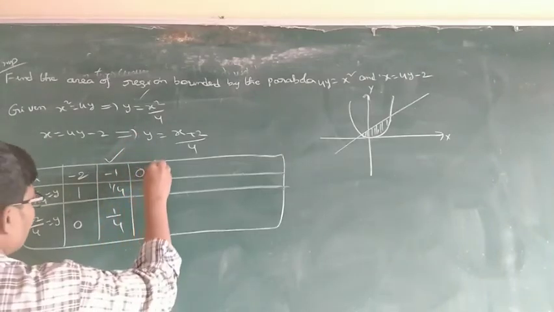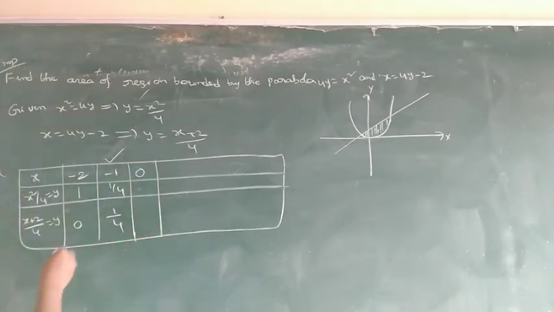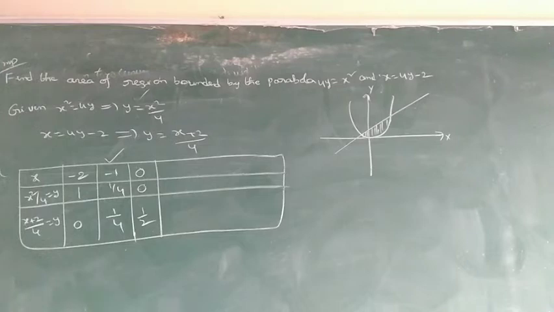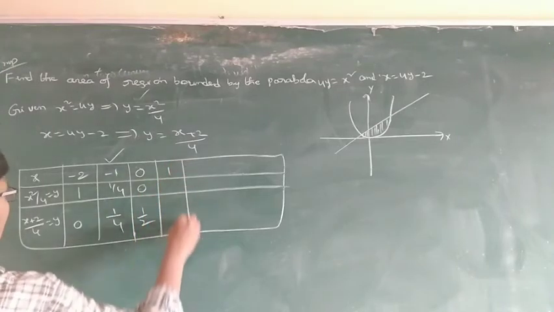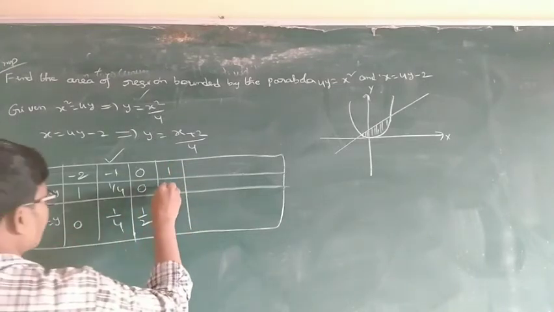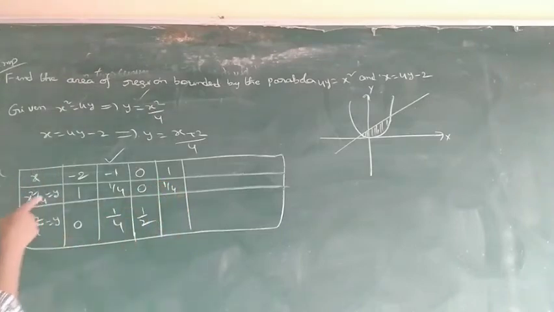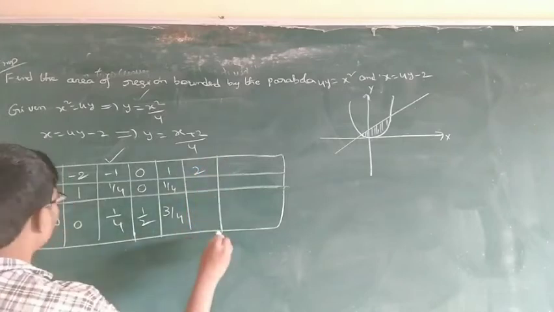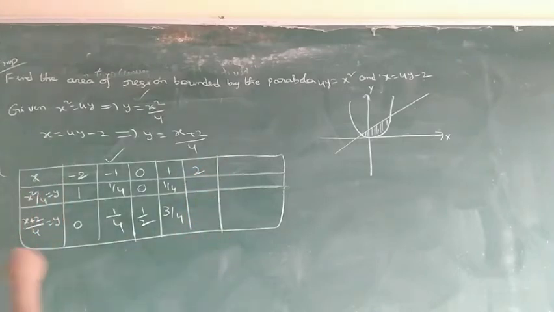Next, 0 gives 0, and 2 by 4, 1 by 2. Next, 1 gives 1 by 4, and 1 plus 2, 3 by 4. Next, 2 gives 2 square by 4, 1, and 2 plus 2, 4 by 4, 1.